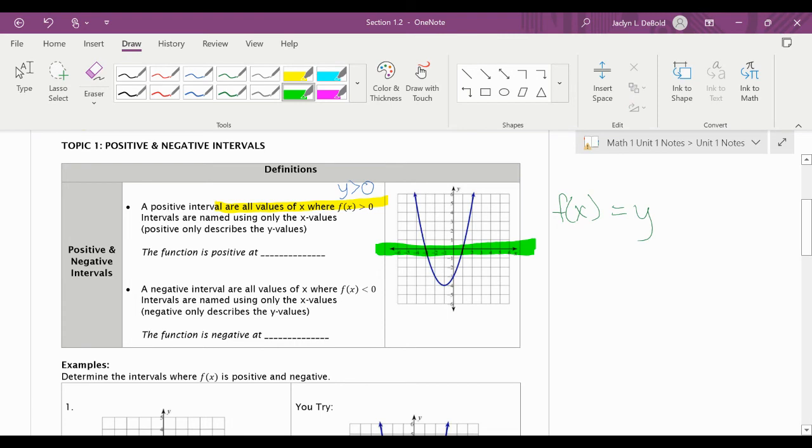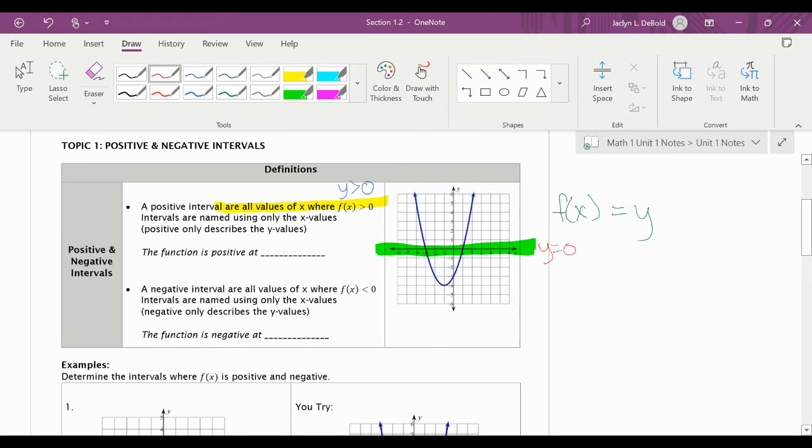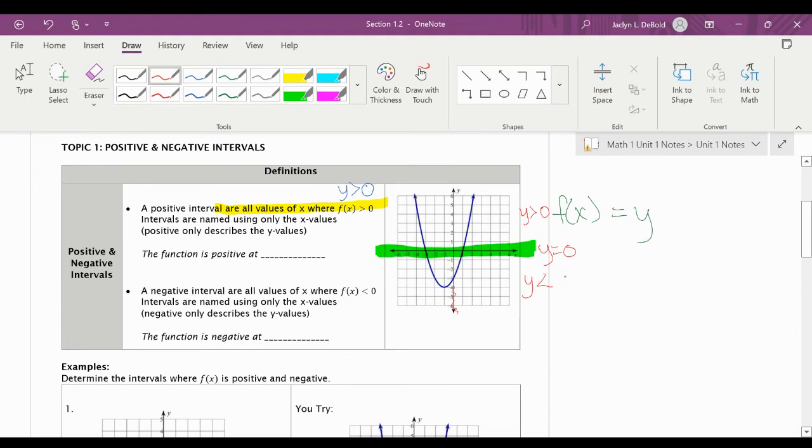So all the y values on the x-axis have a value of 0. So y equals 0 for all the values that are on the x-axis. For values that are above the x-axis, the y values are actually greater than 0. And for y values that are lower, those are y values that are less than 0.